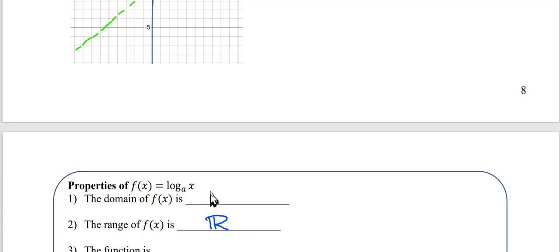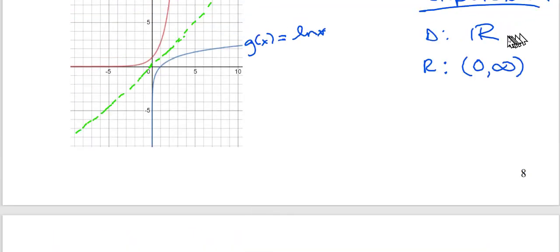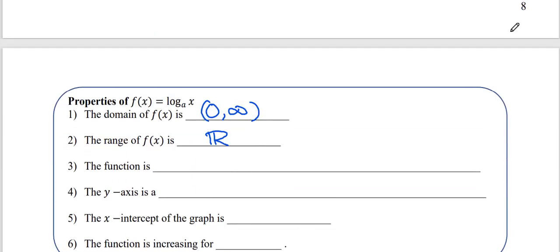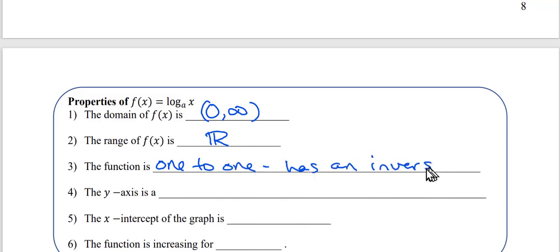And the domain will be 0 to infinity, which was the range of the exponential. It's just flipping these two. This function is also 1-to-1, so it has an inverse, which is kind of how we've defined it.